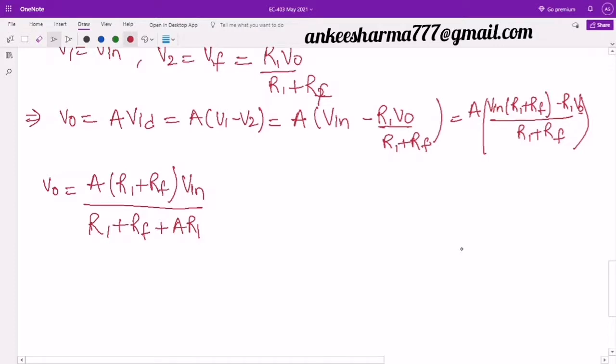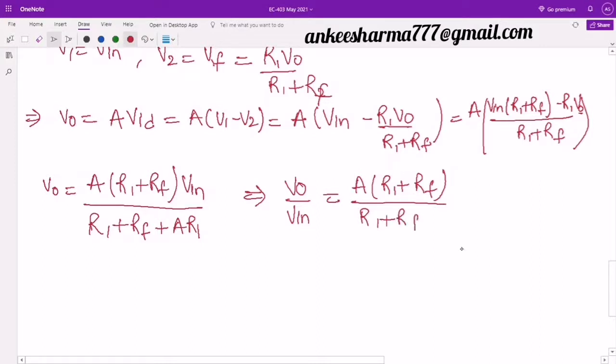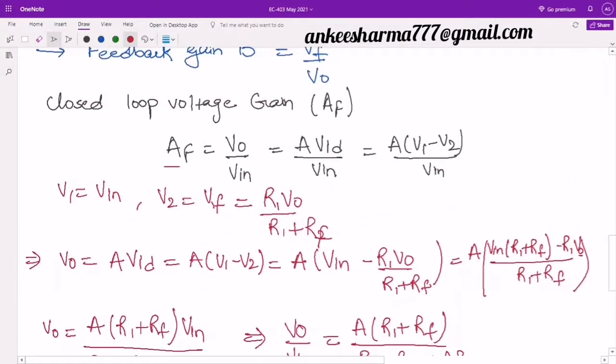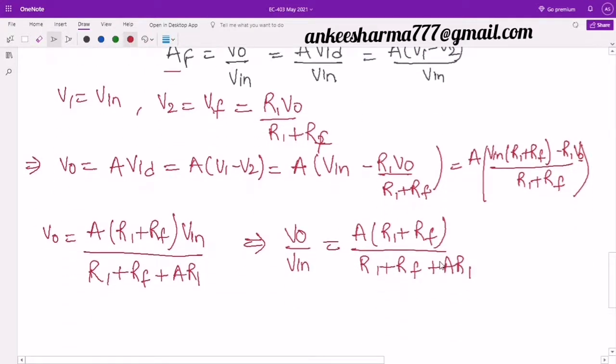And from here, can you find the value of V naught by VIN? So it is nothing but equal to A times R1 plus RF divided by R1 plus RF plus AR1. So this is my output upon input, which is nothing but AF. As I just told you, AF is V output by V input. So I can write here it is equal to AF.